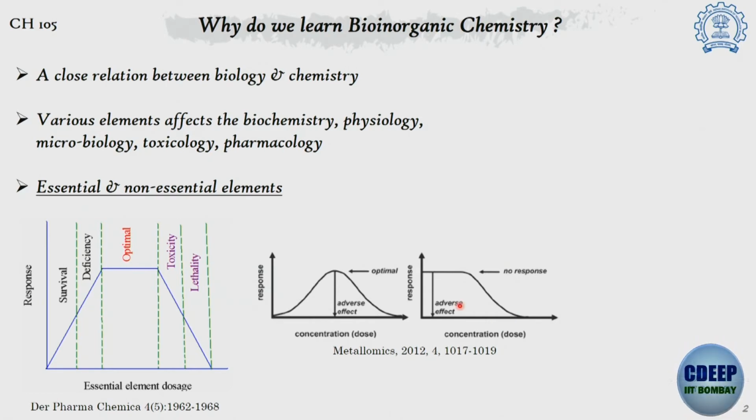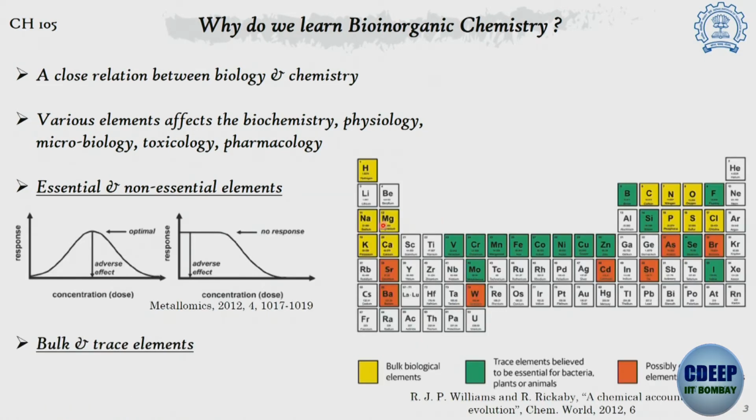So which of them are toxic and non-essential, and which of them are actually essential? If we look into the periodic table, the colored ones are the essential elements. That means they found their usage in biology, whereas the white ones are non-essential. That means they don't have an application in biology.